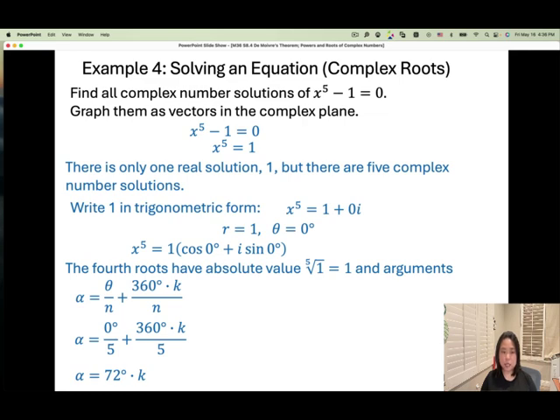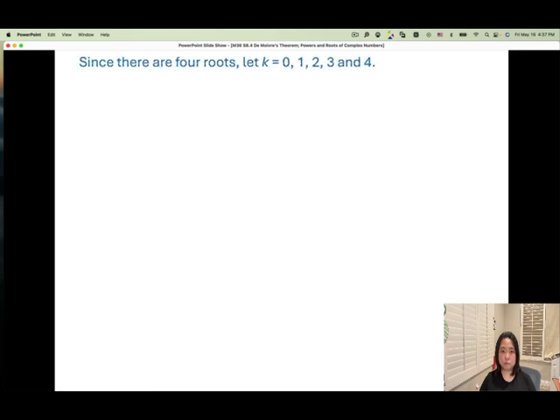And then we plug it in. What is your k equal to? Make sure you guys write it down. K will be equal to 0, 1, 2, 3, 4. So you do have 5 roots. Plug it in. When k equal to 0, alpha is going to be equal to 0. K equal to 1, we do have 72.